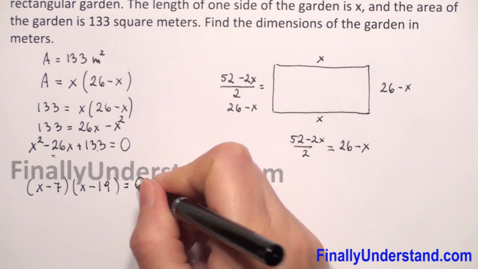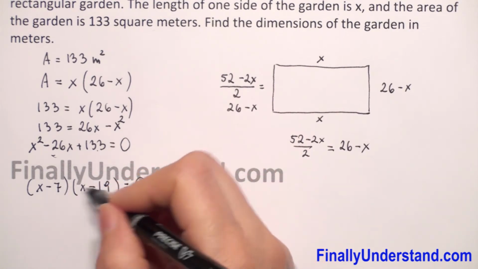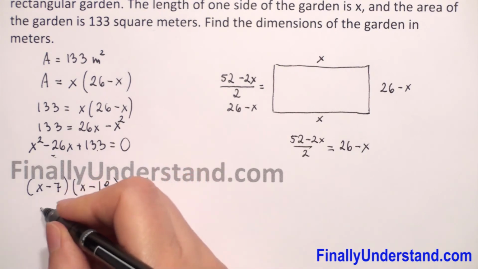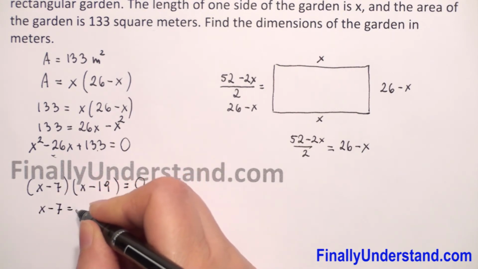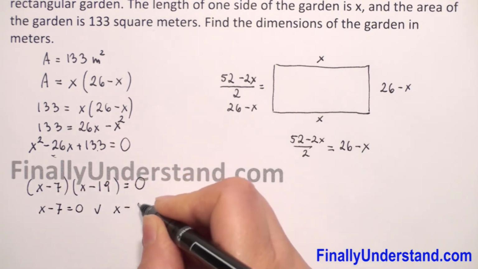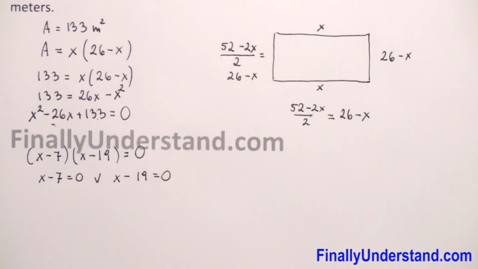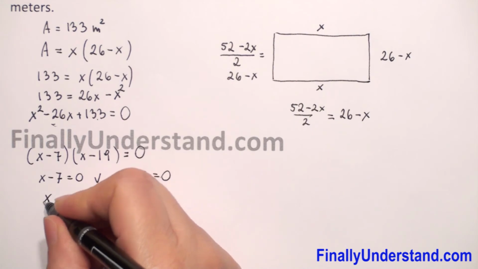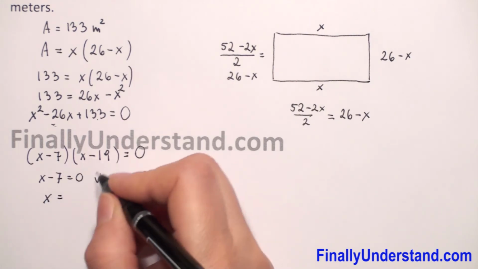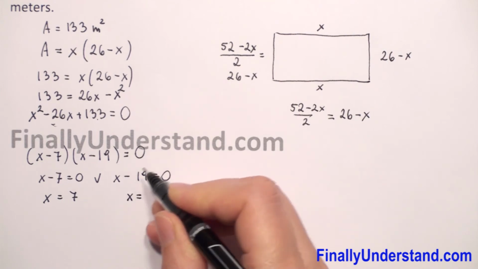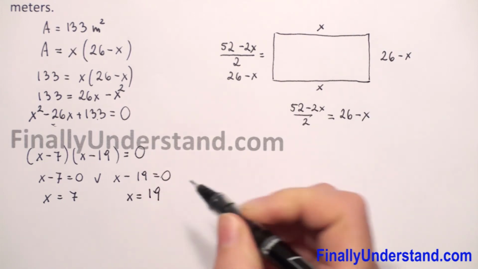This is equal to 0, and the left side will be 0 when one of these factors is 0, so x minus 7 is 0, or x minus 19 is 0. We got two linear equations. So x is equal to negative 7 to the right, so it will be 7, or x is equal to negative 19 to the right, so it will be 19.